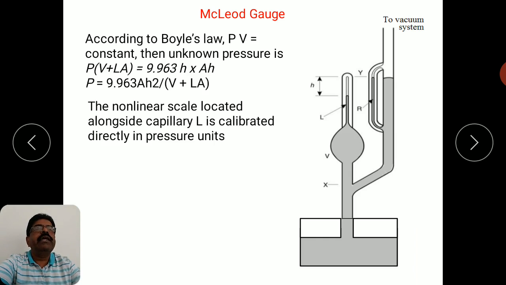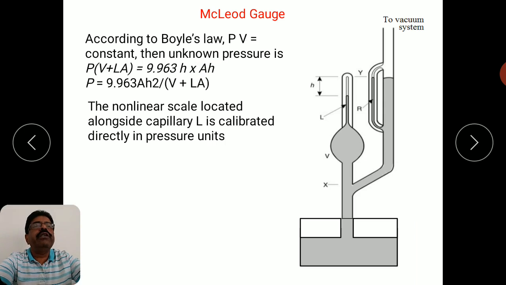So the nonlinear scale located alongside capillary L is calibrated directly in pressure units, and one can easily measure the vacuum system pressure in this manner. Actually this is H squared, because H into H becomes H square. So it is not a suffix here, it is actually a square: AH square divided by V plus LA.